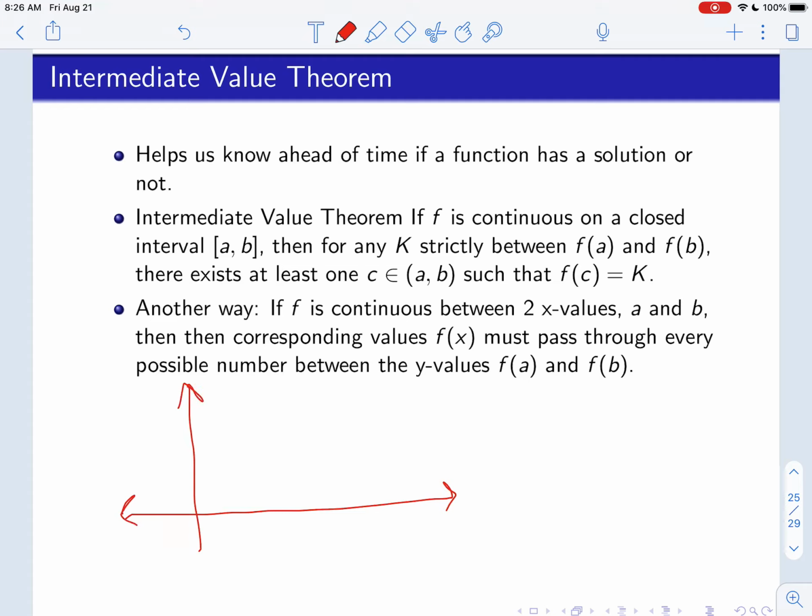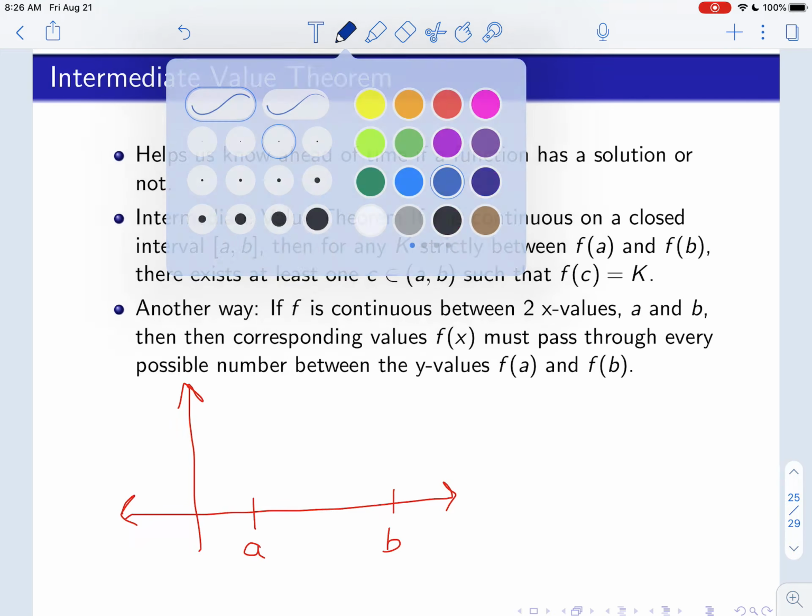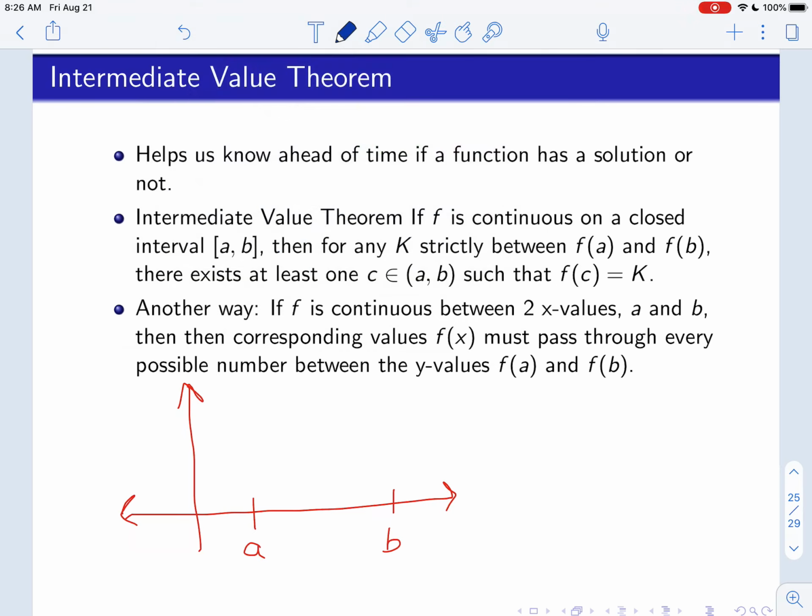So I have a closed interval from a to b, and I have a continuous function. So maybe f starts right here, and it wiggles around, and it ends up back right here. And so what that means is that we've got two corresponding y values over here.